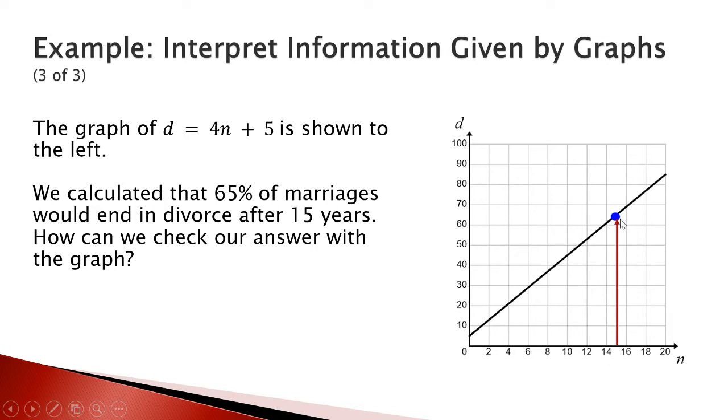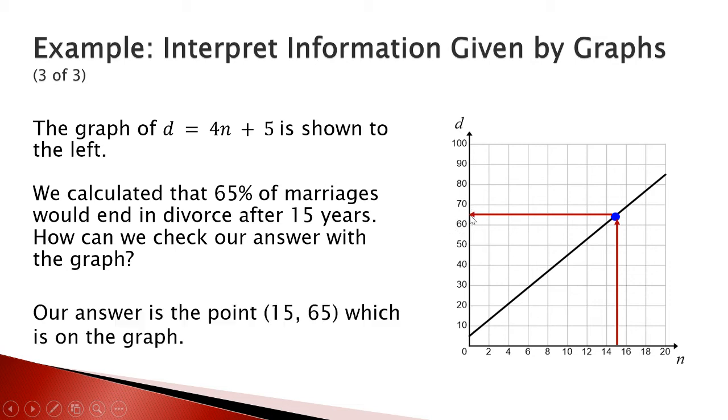Using this graph, the corresponding 15 value is given at this point. Now we need to find the corresponding y value at this point. It will be this point. So the value here is 65, as you can see clearly in this graph. So the answer is the point (15, 65), which tells us that when there are n years, the percentage of marriages that end in divorce will be 65%.